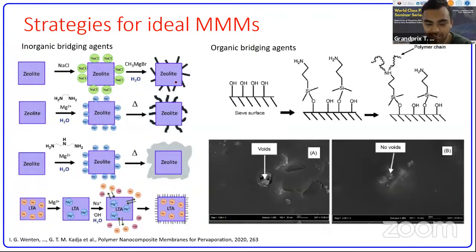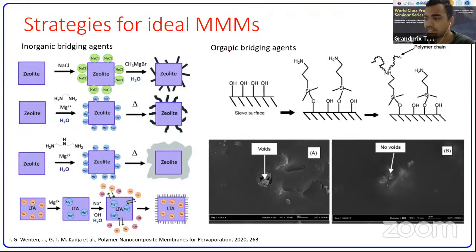So the polymeric phase will surround the interface, and then it will be anchored to these newly grown nanoparticles. So we can facilitate the interaction between the zeolite and the polymer phase.